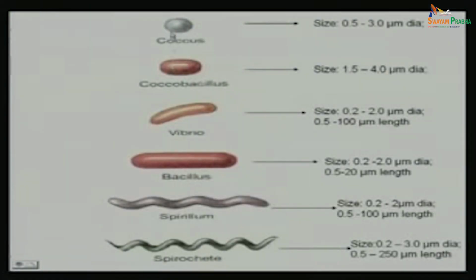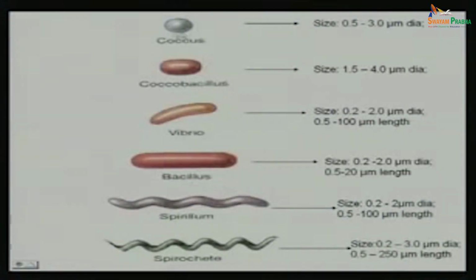Some are comma shaped. Some of these bacteria are neither round nor rod. It is an oval shaped bacteria, and based on this we can categorize the entire bacterial world into different segments.